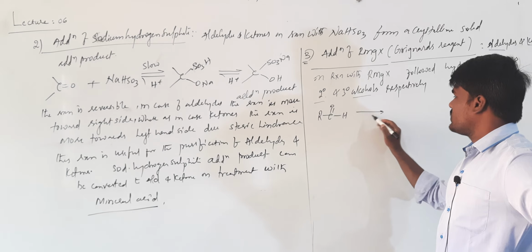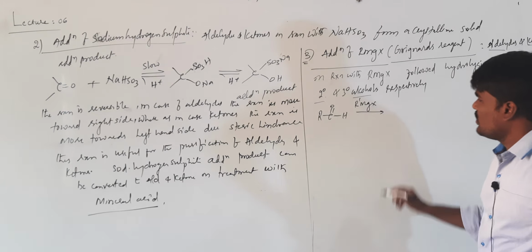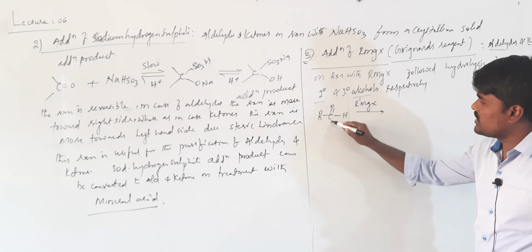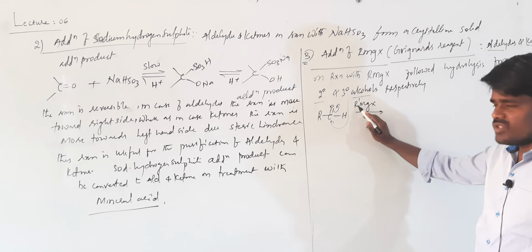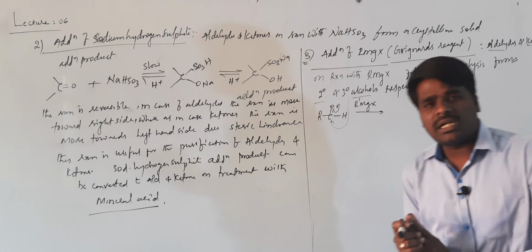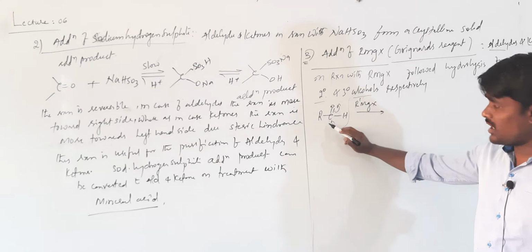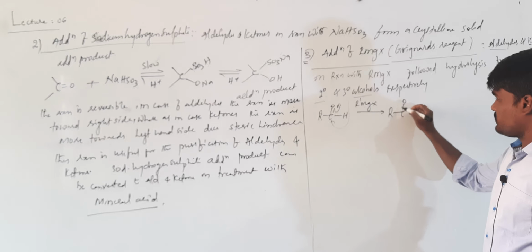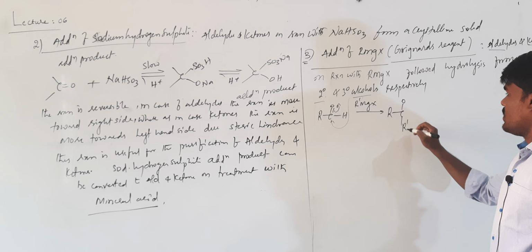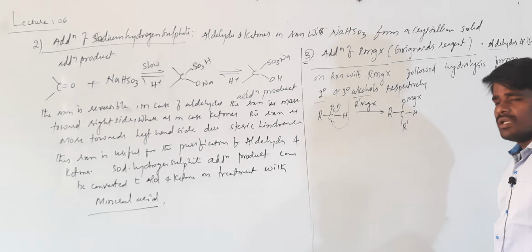Suppose you are treating this with RMgX, right? What happens? The R of the RMgX, the alkyl group of the Grignard reagent, is nucleophilic in nature. When it attacks the carbonyl carbon, the pi bond will go onto the oxygen, which will abstract the MgX.